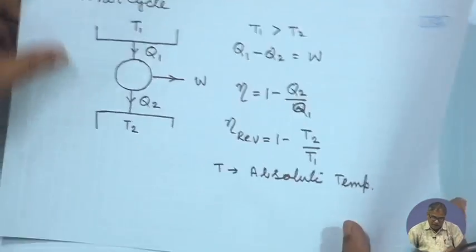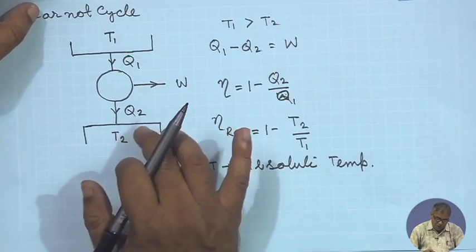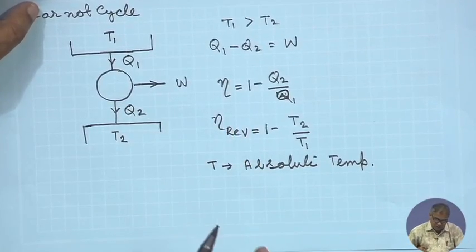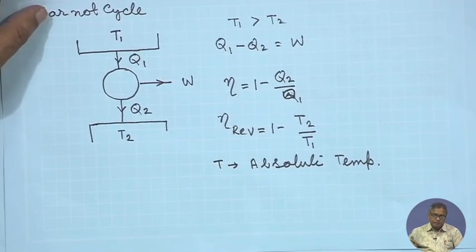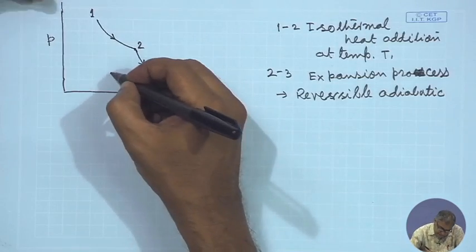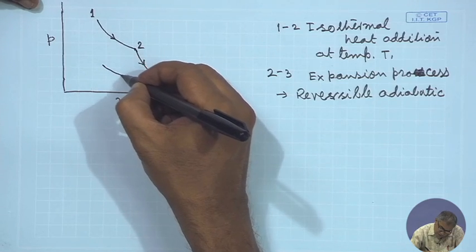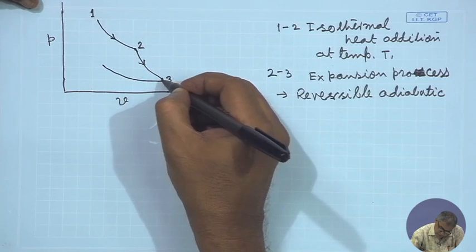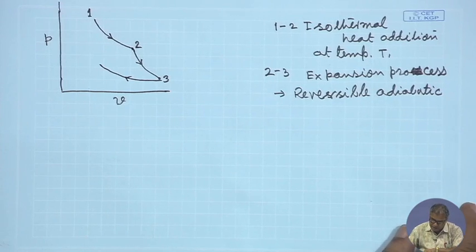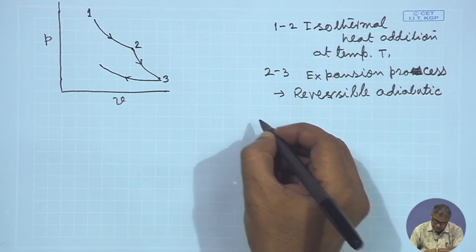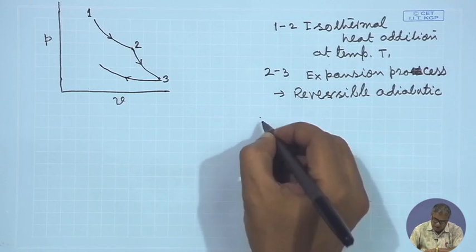So, third thing, I have done the work, now I have to reject certain amount of heat and I have to reject this heat to a low temperature reservoir. If I do that, again I have to select one isothermal process, because we know that heat transfer across a finite temperature difference is irreversible.